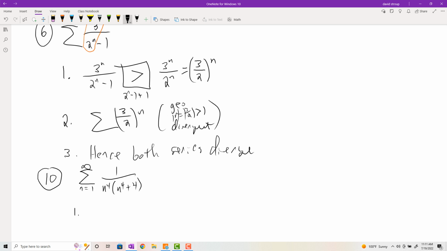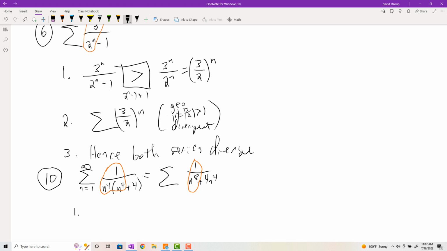Okay, so first you're going to compose a new series, and usually you could just kind of, again, pluck off the non-constant terms and use that, right? So in this case, you could look at it as 1 over n to the eighth, or if you'd rather, you can distribute, get 1 over n to the eighth plus 4n to the fourth, and so you're kind of looking at this portion for your series.